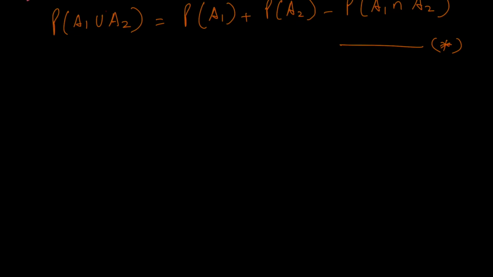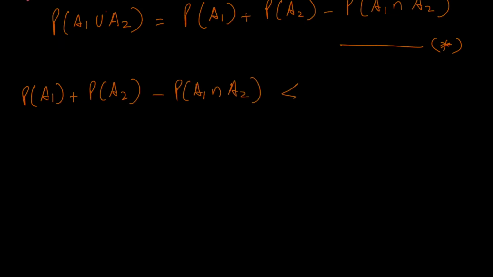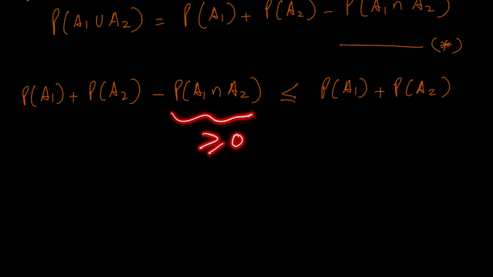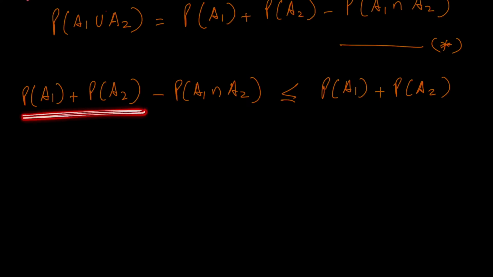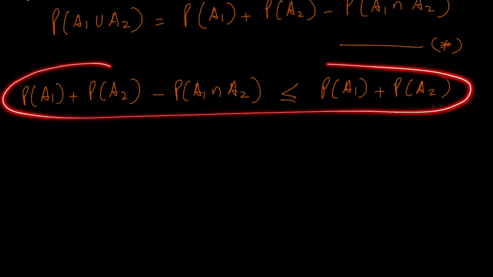Now it's quite obvious that P of A1 plus P of A2 minus P of A1 intersection A2 would be less than or equal to P of A1 plus P of A2. And this is quite obvious because this quantity is greater than or equal to 0. So something positive is getting deducted from another positive quantity, so obviously this inequality holds.